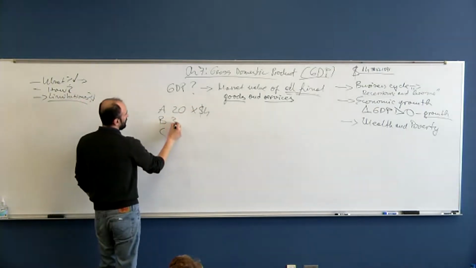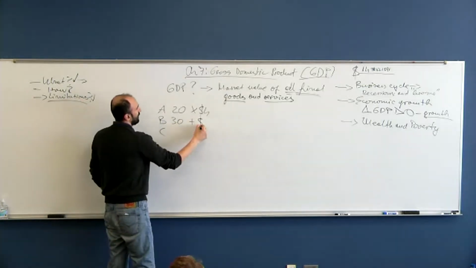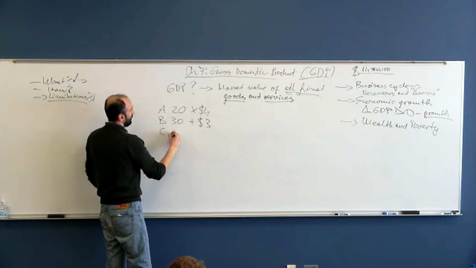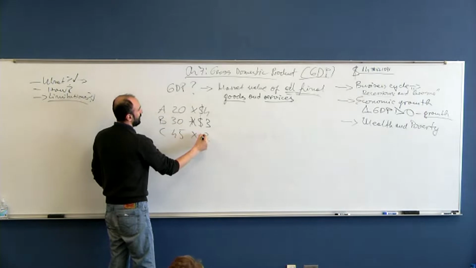You have, let's say, 3 units of good B, and the price per unit is $3. And 45 units of good C, and the price is $2.